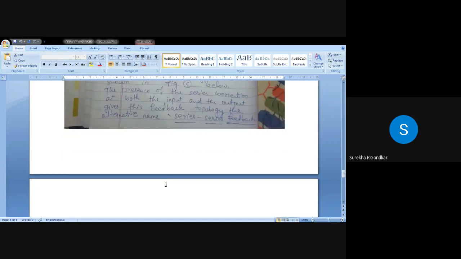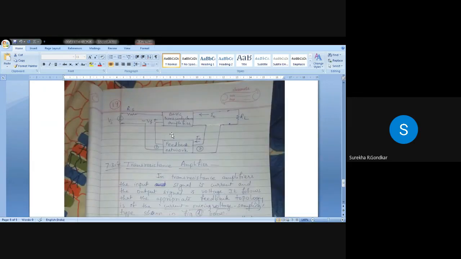So this is a voltage mixing current sampling topology. So this is shown here. Now you can see the connection. How this voltage is mixed with the input, it is in series form. And how the current is tapped from the output, this is also in series form. So this is also called series feedback topology, where both input and output are in series.